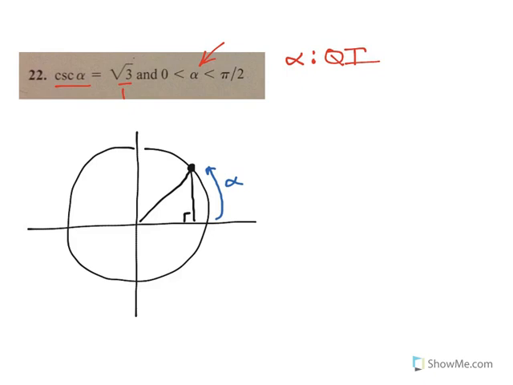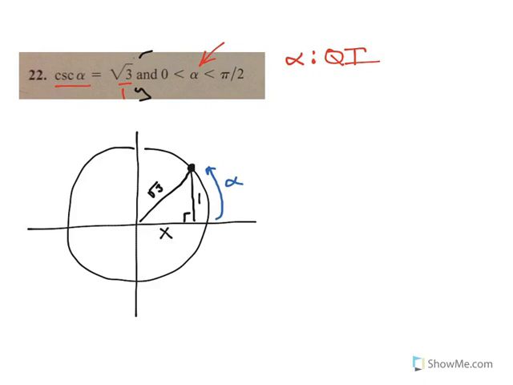So cosecant's the reciprocal with sine, so sine is y to r. So this must be r to y. So this is going to be your r. And this is going to be your y. So radical 3 is the r, and the y is going to be 1.